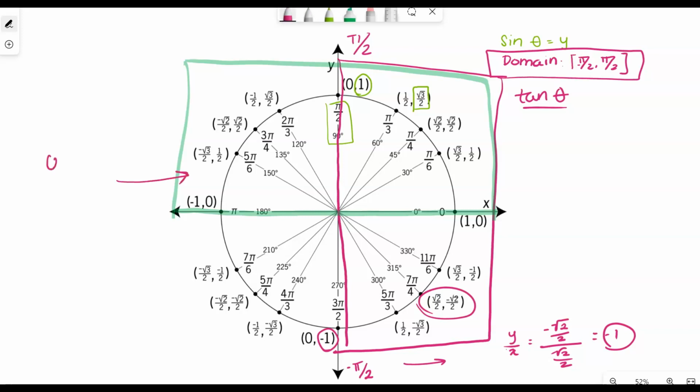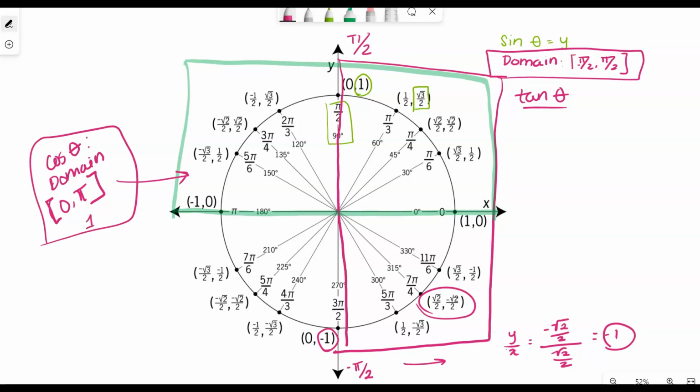So the cosine of theta domain is going to go from 0 to pi. And so for cosine, we're looking at quadrants 1 and 2. And then for sine and tangent, we're looking at quadrants 1 and 4.